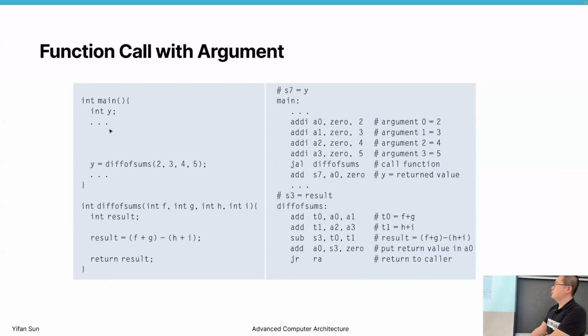Okay, so what if you have some arguments? When you have arguments like 2, 3, 4, 5, then these are move instructions, right? ADDI, and we're basically moving 2 to A0, 3 to A1, 4 to A2, 5 to A3, and then we do jump and link, right? Now after we jump and link, we jump to diff of sums and do some operations.